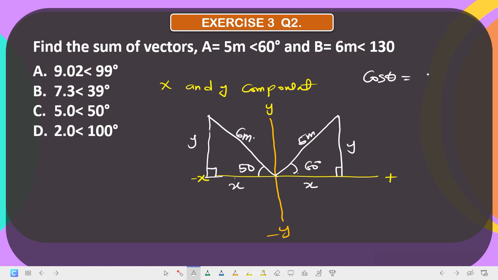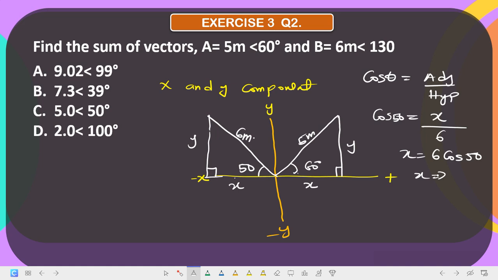Adjacent all over hypotenuse. So cos theta, what do you have as your adjacent in this case? It is x. Now, theta is 50 degrees in this case rather. And then x all over hypotenuse, which is 6 meters. So at the end of the day, you have x is equal to 6 cos 50.